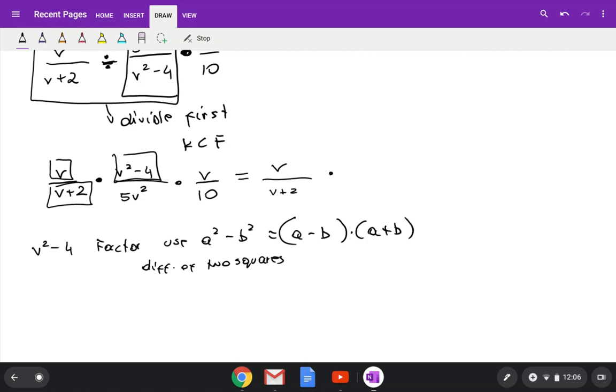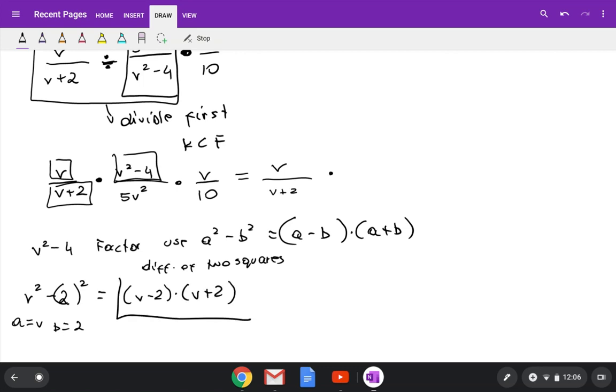In our case, v squared minus 4 is the same as v squared minus 2 to the second power. So a is v from the formula, b is 2. So that will become v minus 2 times v plus 2.